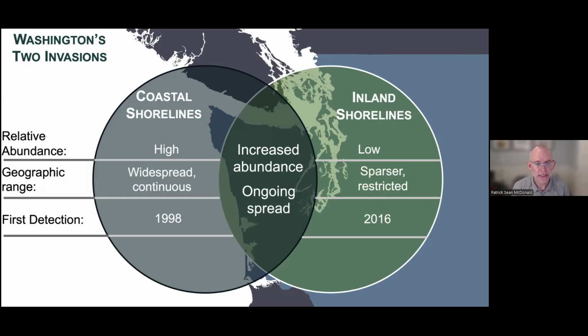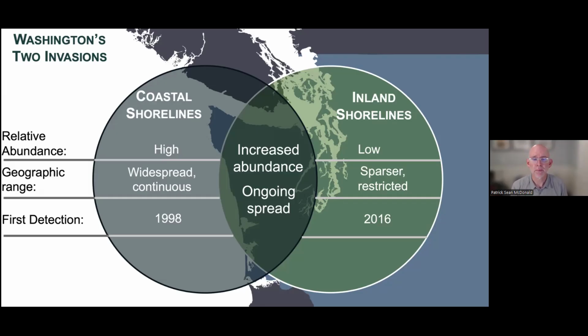Unfortunately, back in 1998, when green crab spread to the outer coast of Washington, we didn't do a very good job of managing that invasion. And in fact, more or less, the state stopped managing green crab back in around 2002 and didn't start up again until 2016.